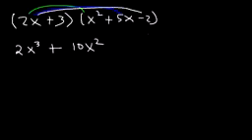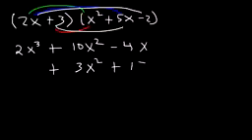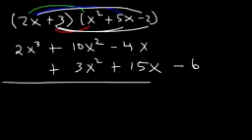And then 2x times negative 2, that's negative 4x. And then we need to multiply 3 times x squared, which is positive 3x squared. And then 3 times 5x, that's 15x. And then 3 times negative 2 is negative 6.